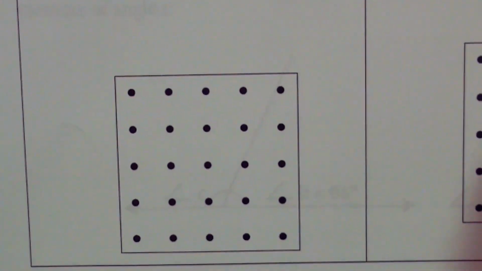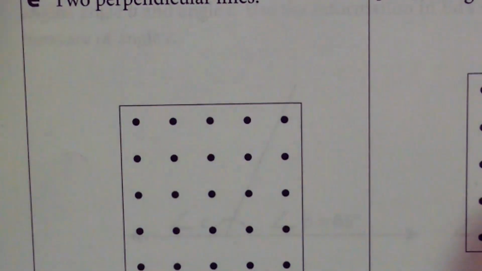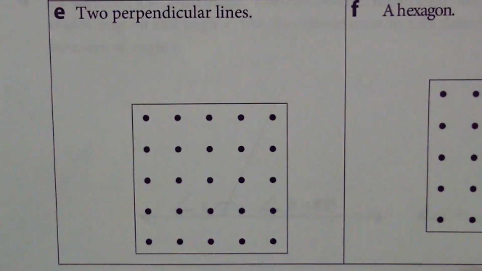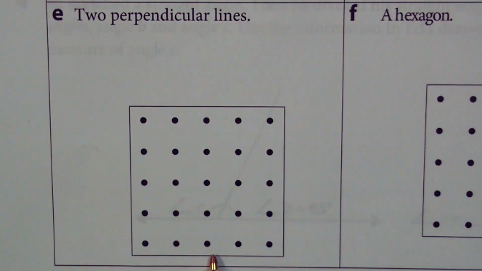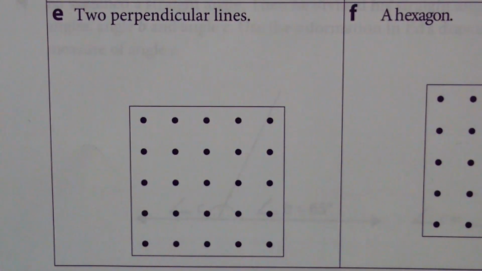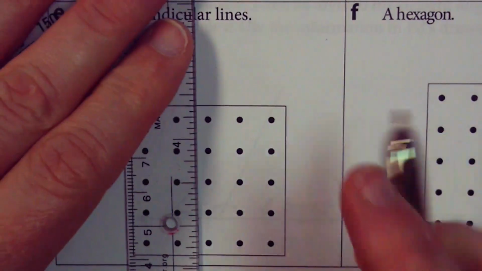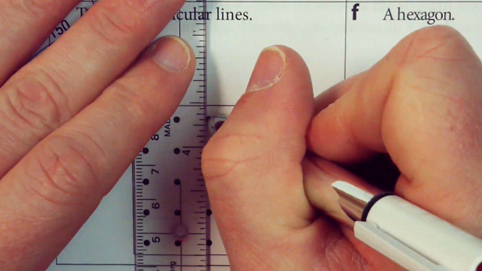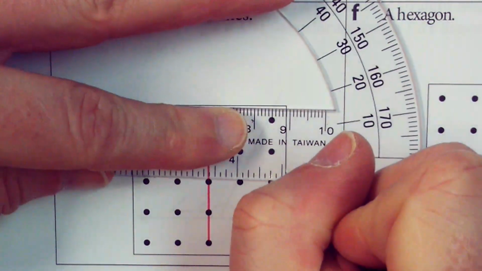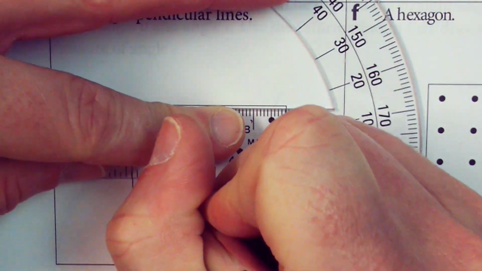2 perpendicular lines. We know that perpendicular lines, wow, it's like really far up there. That's okay. And the geoboard's really low. That's kind of weird. I don't like that. Anywho, 2 perpendicular lines. They have to intersect at 90 degrees. Whenever I think perpendicular lines, I always think just 2 lines that cross each other perfectly.